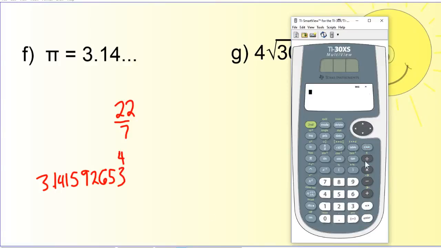Now, if I take 22 divided by 7 equals 3.142857. It's not the same. They're close, and so that fraction 22/7 can be used as an approximation for pi, but it is not equal to pi. Okay?